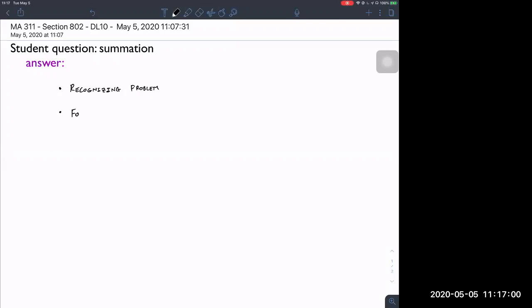Second is formulating. Putting it together. Not calculating, because that's the last one. Formulating is actually writing it out, but then the actual calculation itself. Calculating.